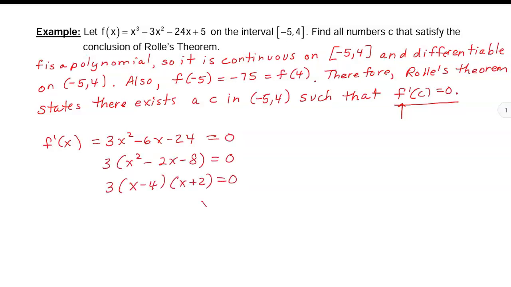We find values of x equals 4 and x equals -2. That would give us a derivative equal to 0. But c must be in the open interval -5 to 4, and the only value listed here in that interval is -2.